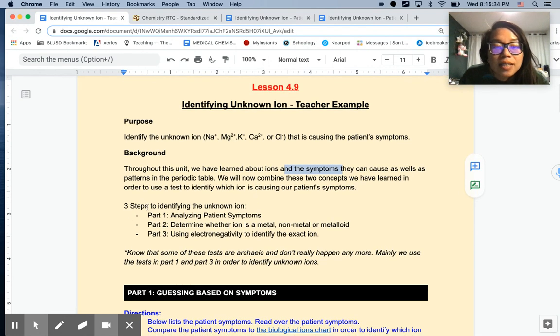In this lesson, you're going to learn 3 tests that we're going to do and check for in order to figure out which one of these 5 ions that we as human beings need in our body is causing this particular patient's symptoms.